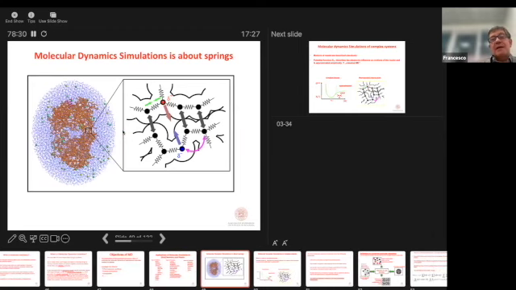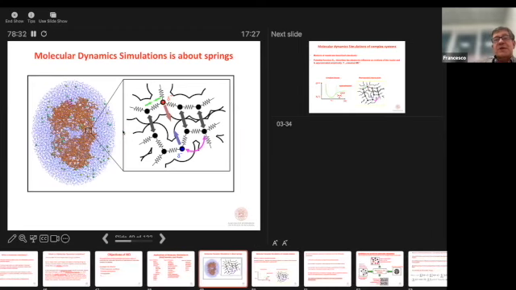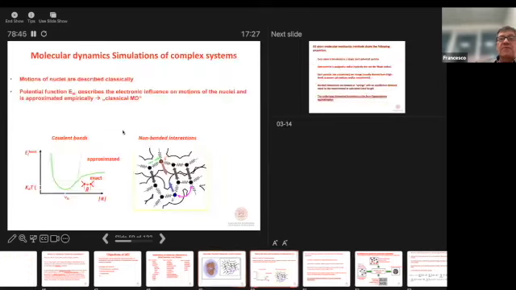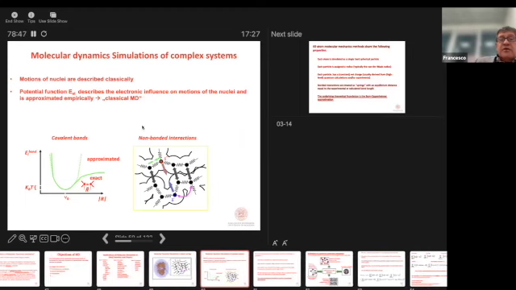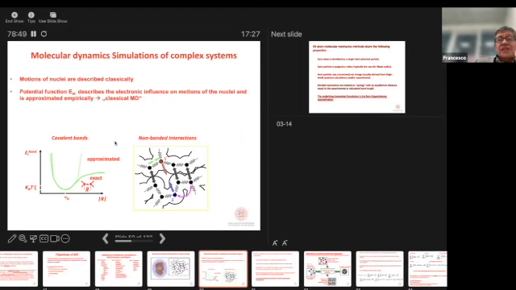What is molecular dynamics really about? It's about springs. We put springs between atoms, and the springs have to be carefully calibrated in order to obtain something that is trustworthy and meaningful. Look, there is an extra problem, not only the calibration of the parameters that go into this, but also how we describe the systems.